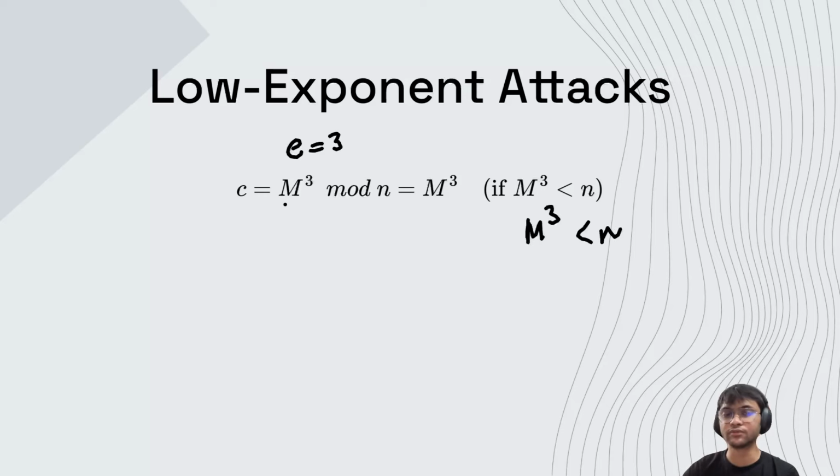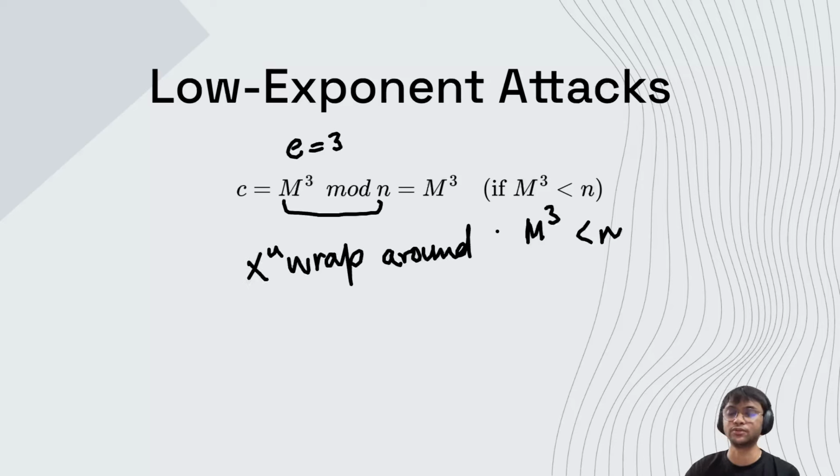And this encryption does not essentially wrap around this modulo. What that would mean is the modulus is so small that m raised to 3 mod n is m raised to 3 itself.